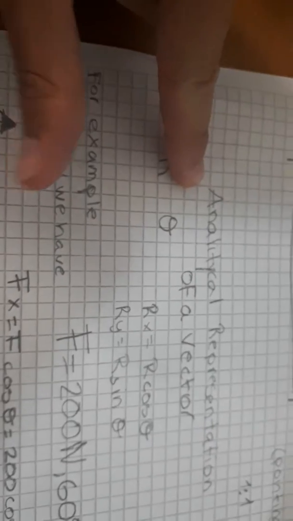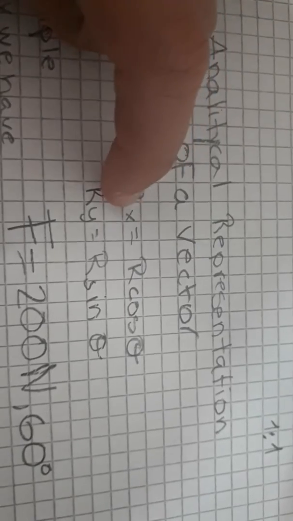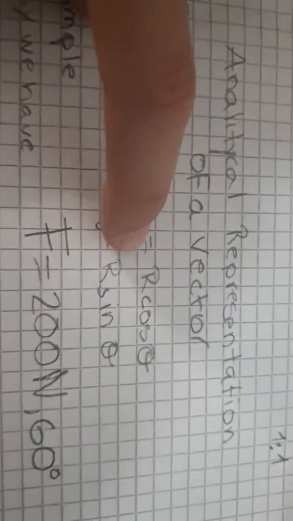For the x-axis, rx equals r cosine of the angle. And for y, ry equals r sine of the angle.